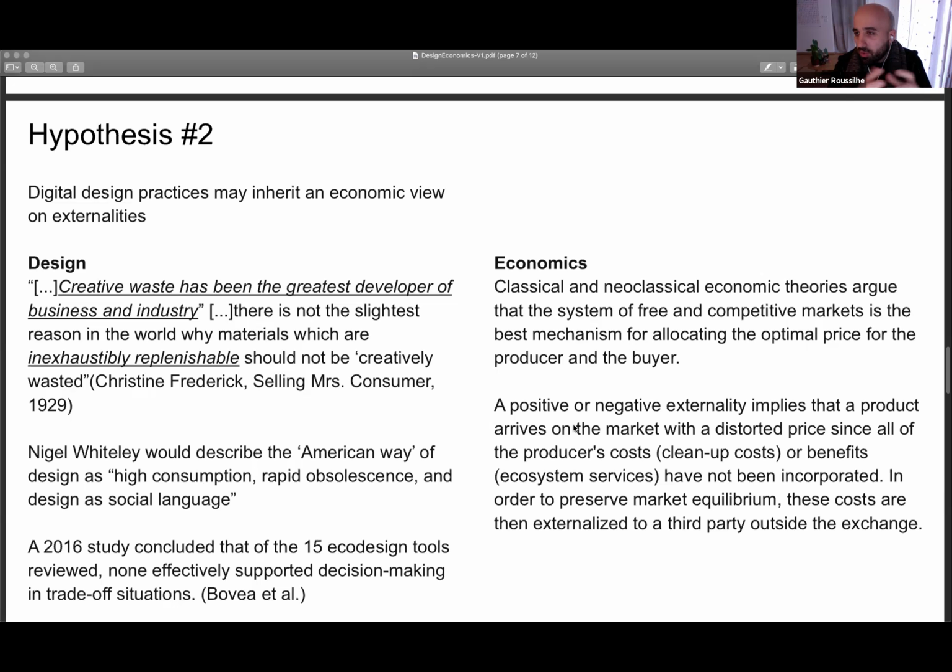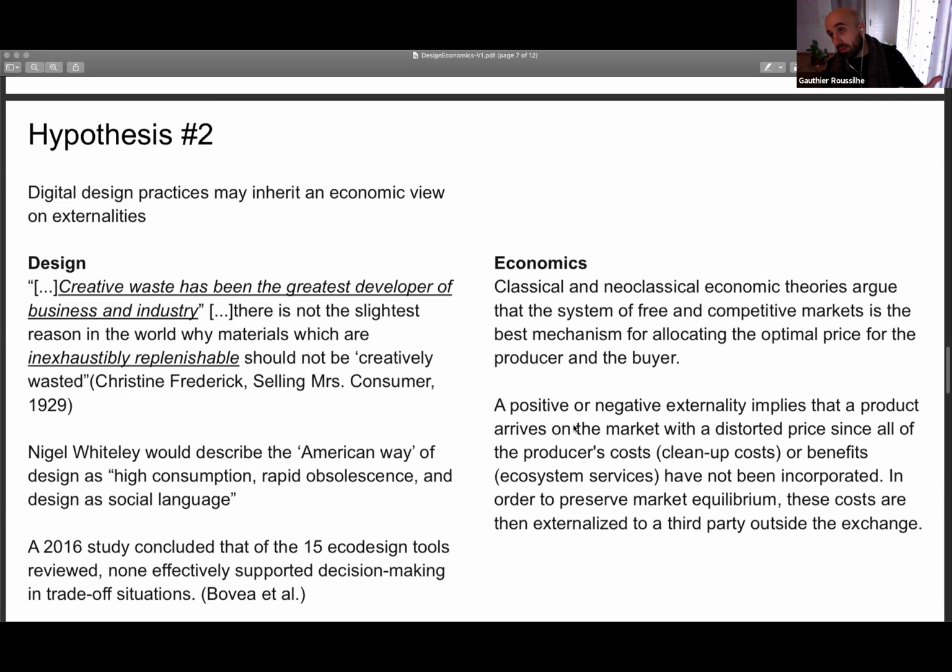If you assume that the market is a place to get the better price for both the buyer and the seller, then you have to assume that your product is arriving on the market with the right price, with the right production costs. And if there are externalities, it means the production costs are not right. So it means the allocation of the prices will not be right either.